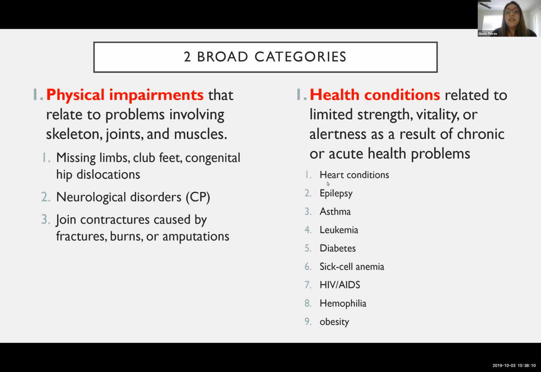Some of these problems can be heart conditions, either a significant heart murmur, or HLHS, which is a common heart condition. Anybody know who Colin Kaepernick is? Any Niners fans? Yes. Colin Kaepernick is a big contributor to the HLHS Foundation.